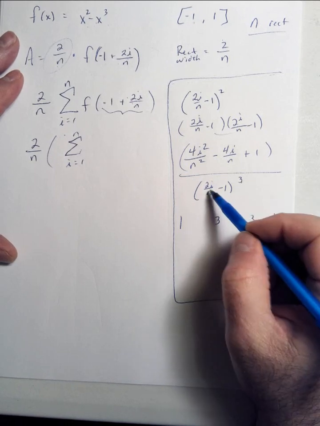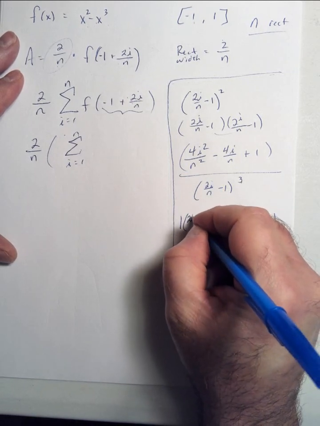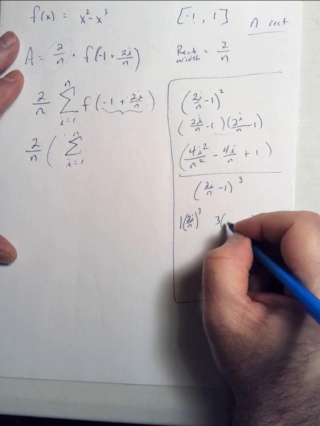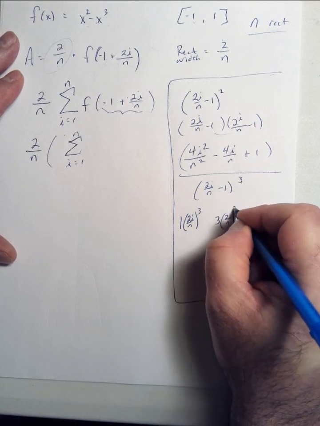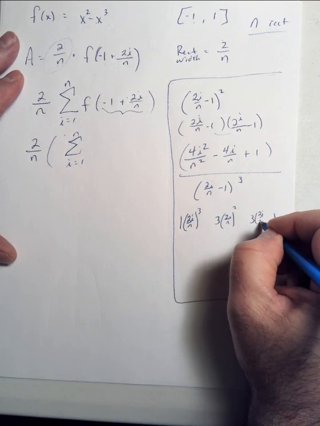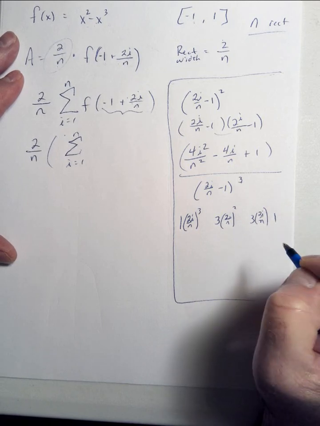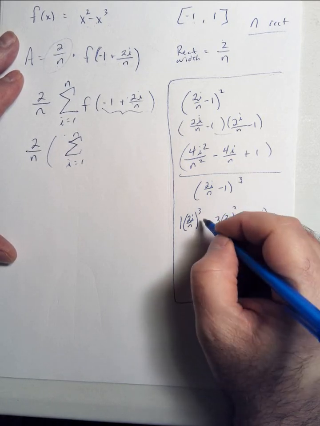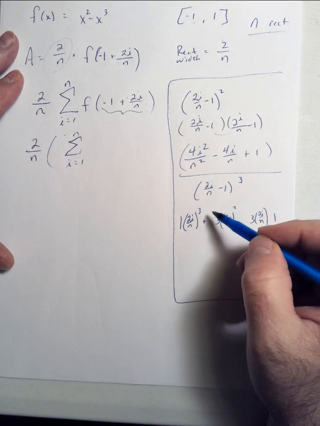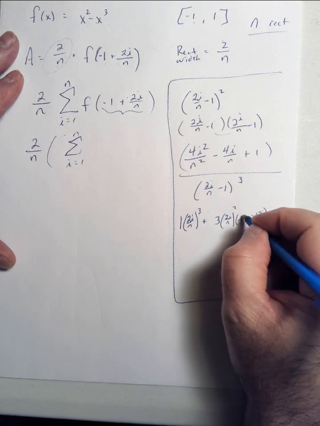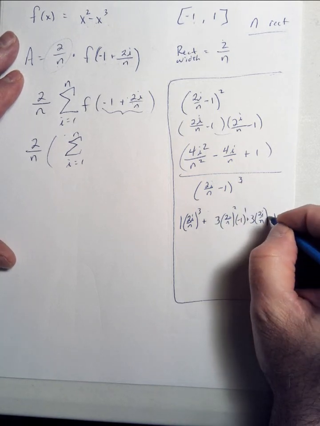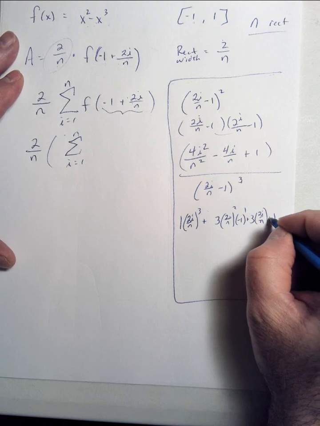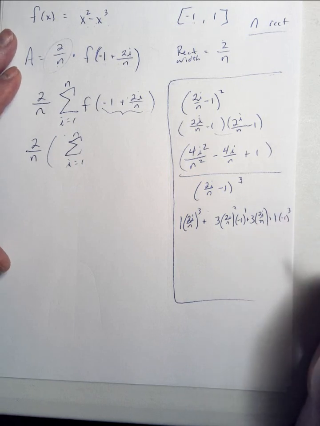Third row. We take 2i over n to the third, 2i over n squared, 2i over n, and to the 0. And then we take -1 to the 0, -1 to the first, -1 squared, and then -1 cubed.